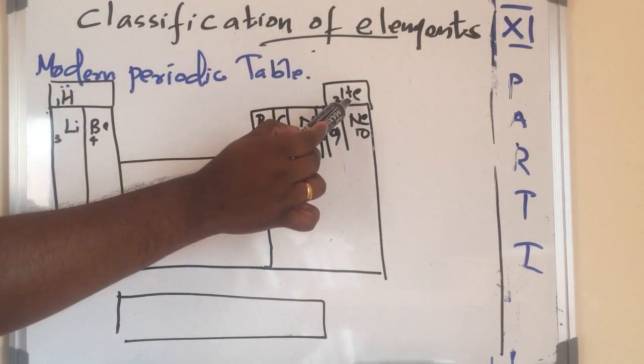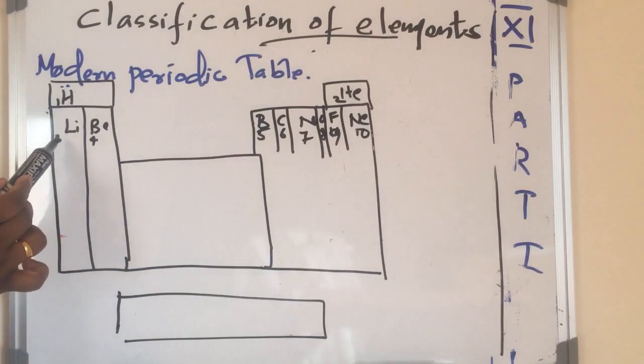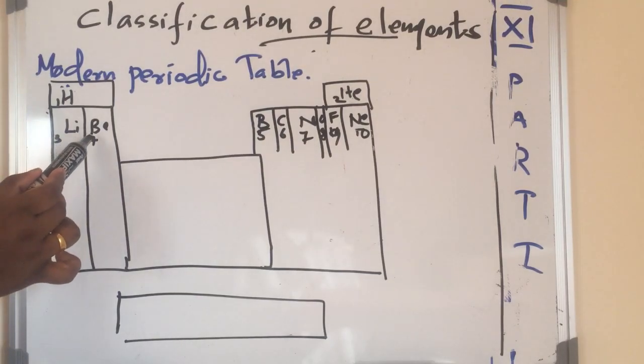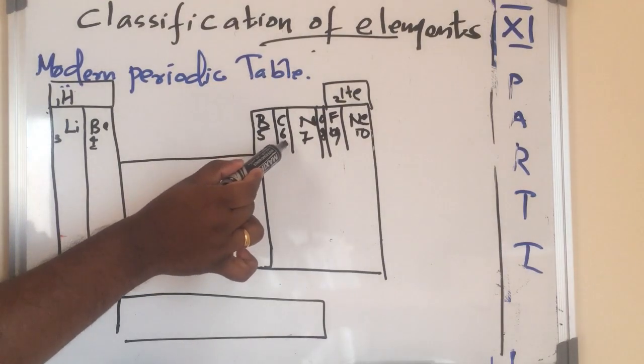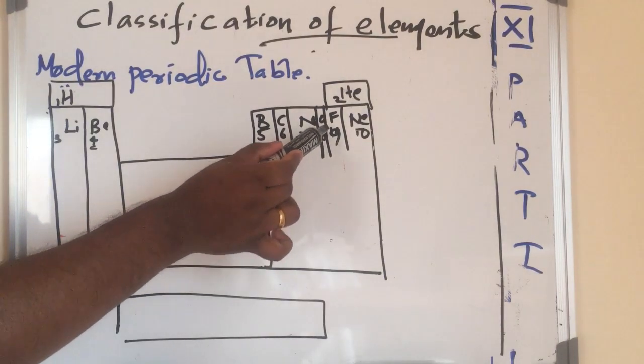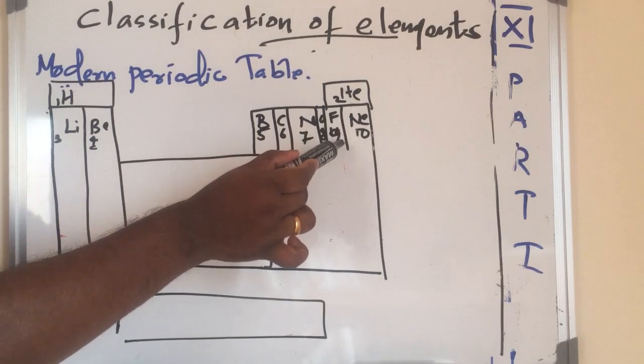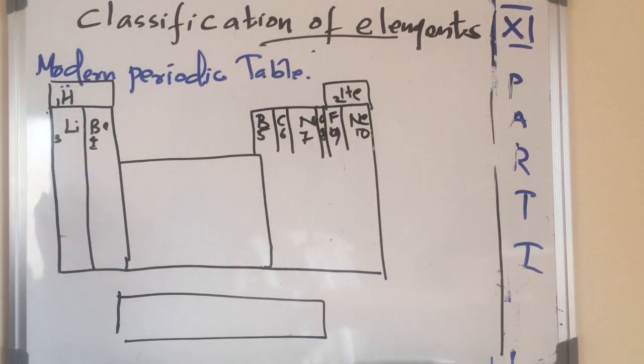Second element helium, atomic number 2. Lithium atomic number 3. Beryllium atomic number 4. Boron 5. Carbon 6. Nitrogen 7. Oxygen 8. Fluorine 9. Neon 10. That means the elements are arranged in the increasing order of atomic number.